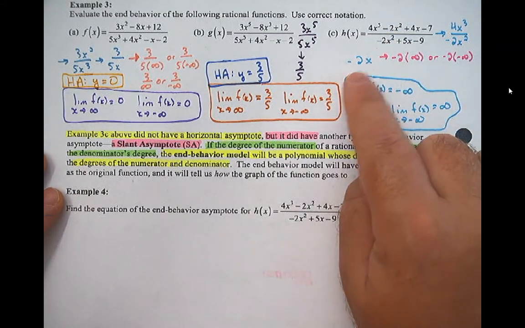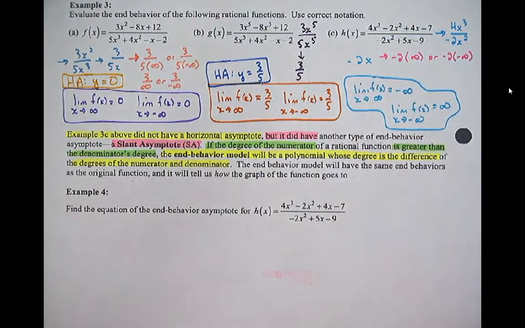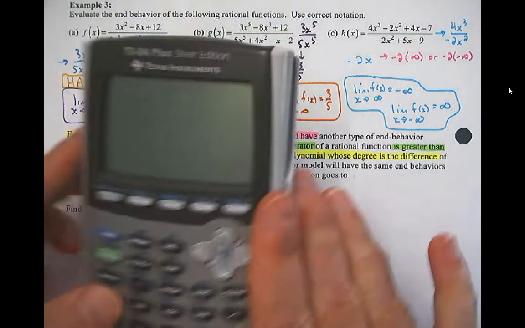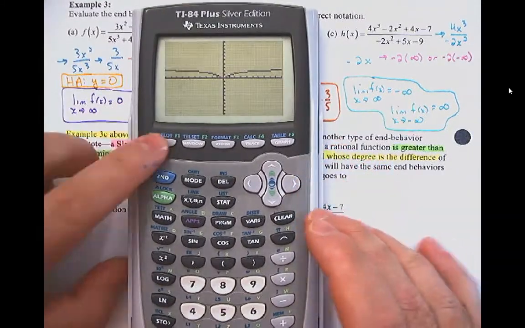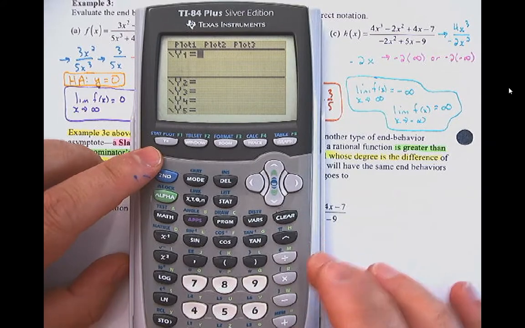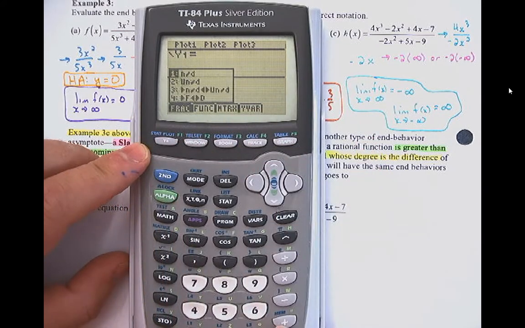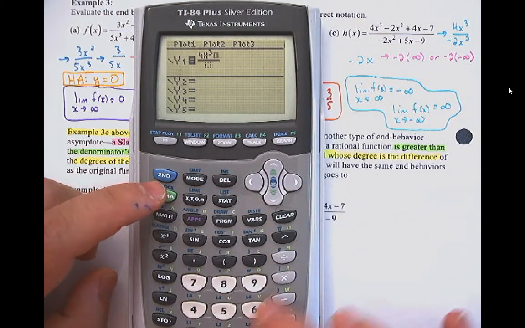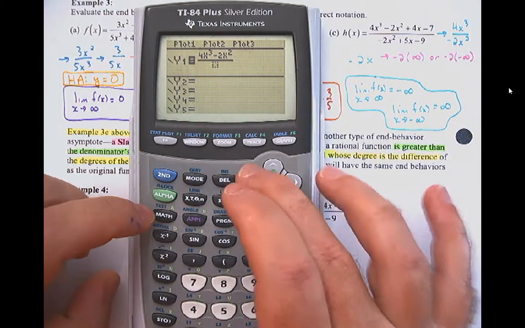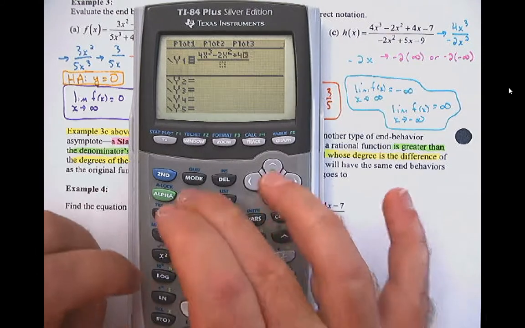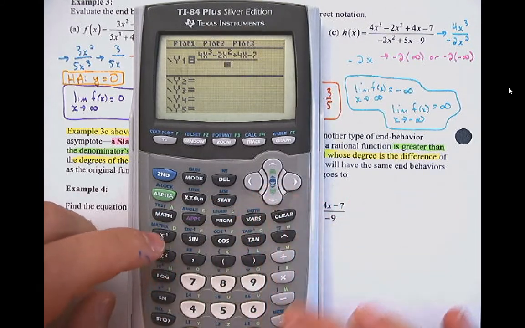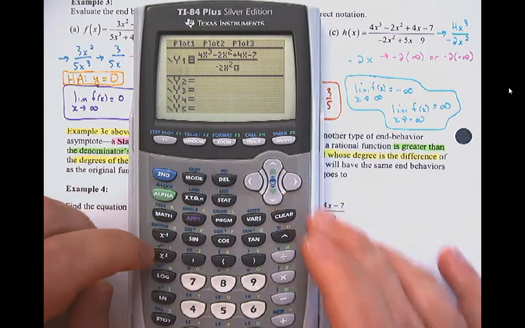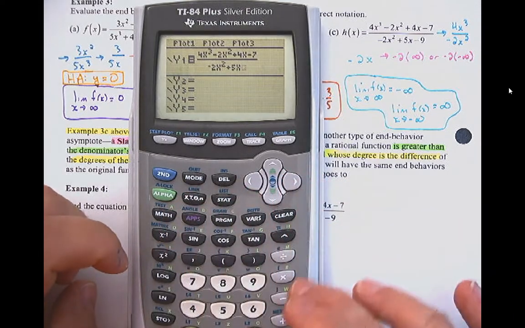Now, what's tricky about this is not the slant asymptote. Let me show you what I mean. I wish it were, trust me, it'd be a lot nicer. So let f1 be numerator over denominator: 4x to the third minus 2x squared plus 4x minus 7, over negative 2x squared plus 5x minus 9.